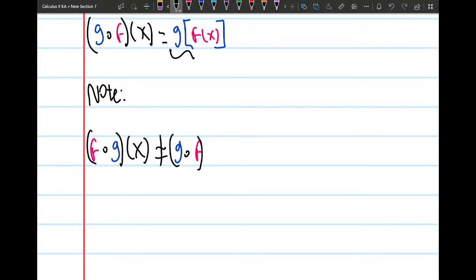The way we say this is g composed of f of x. Sorry guys, I can't write today.